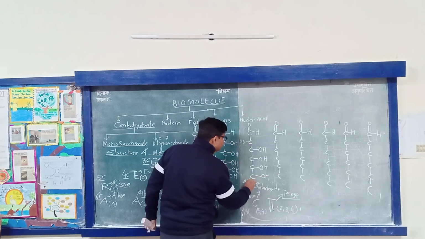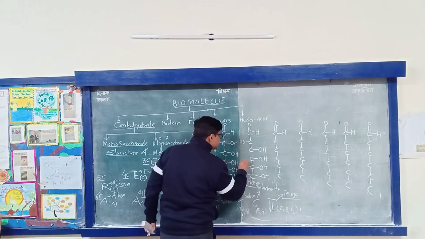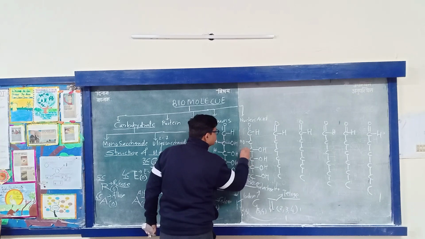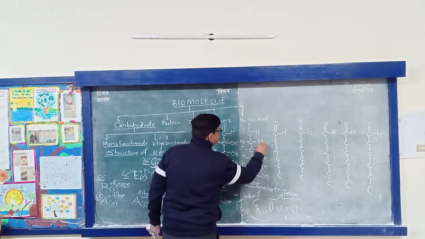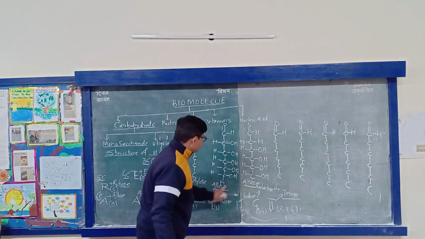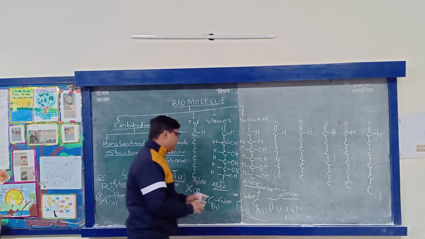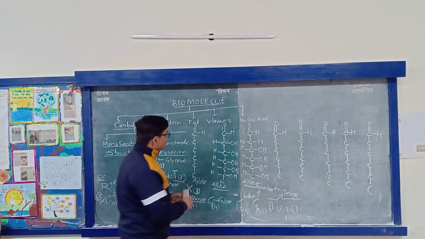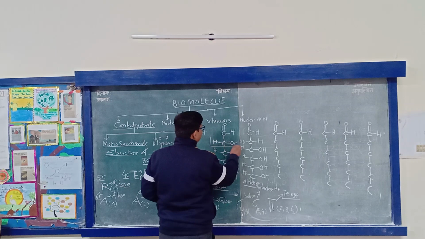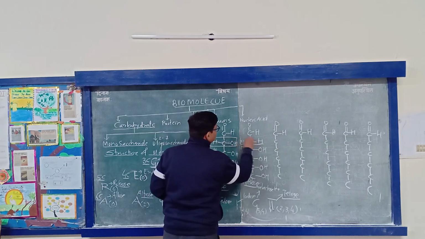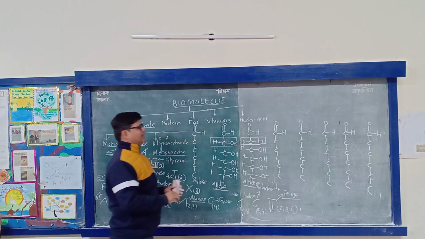And then you have to fulfill the valency of carbon. Simple. This is the simple structure of altrose. I have already discussed allose and altrose. Their difference is at carbon number 2. You can observe the difference at carbon number 2.